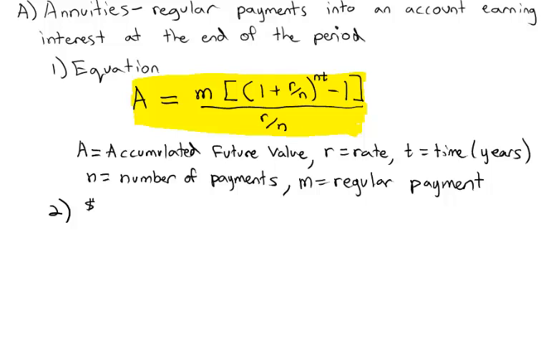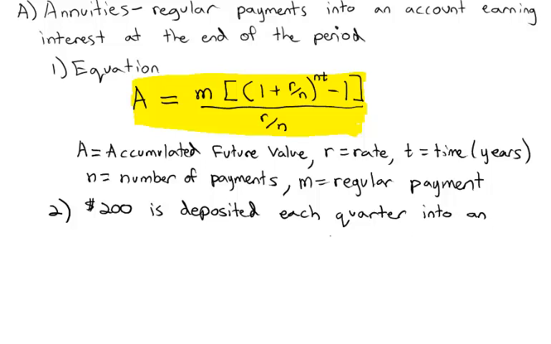So let's say $200 is deposited each quarter into an account paying 9% for 5 years.